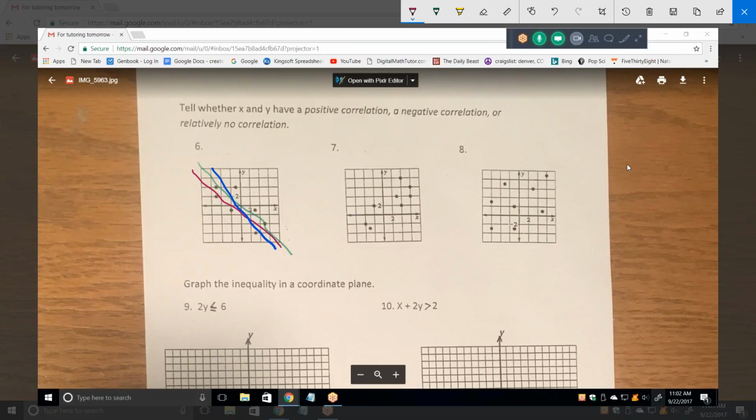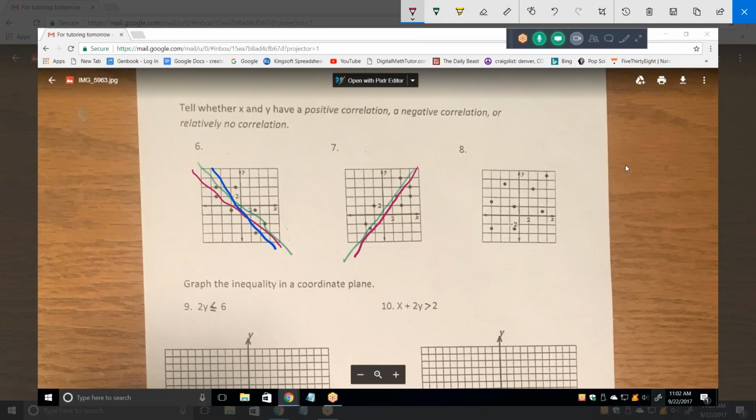Now, let's look at number 7. If I were to do the same thing on 7, I might draw a line like that. Or maybe it would deviate a little bit from that. Maybe it would be more like that.